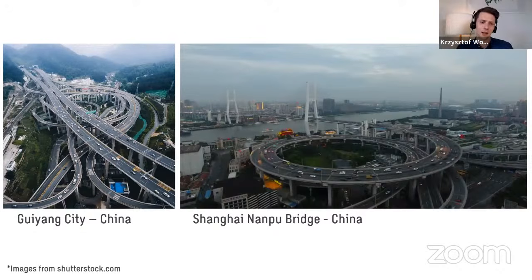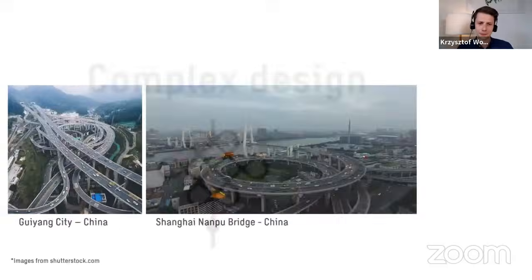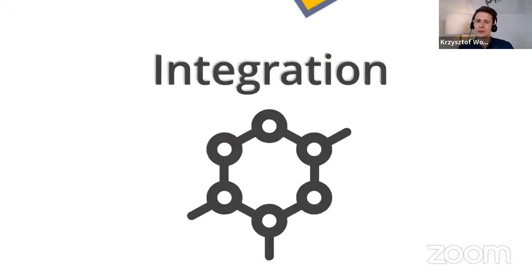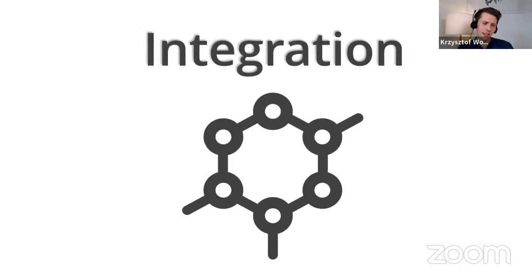You can see Guiyang City in China or Nanpu Bridge in Shanghai. There are just curves, just clothoids. And Grasshopper can be applied for this kind of geometry as well. So not only facades and complex furniture geometry, but infrastructure projects also have a lot of complex design. The next one, of course, is integration.